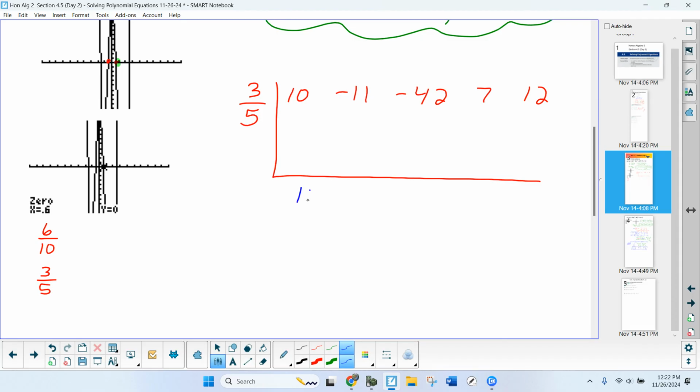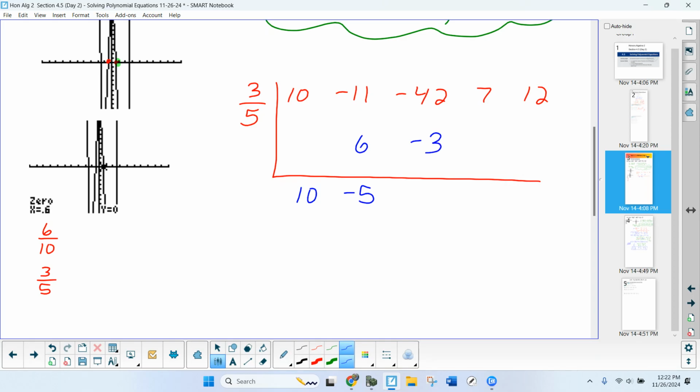All right. Bring down the 10 and multiply. So I'm going to divide by 5. That's 2. Multiply by 3, you get 6. Add, what's -11 plus 6? -5. Okay. Divide by 5. It's -1 times 3. See how we're doing that without a calculator? So much easier.